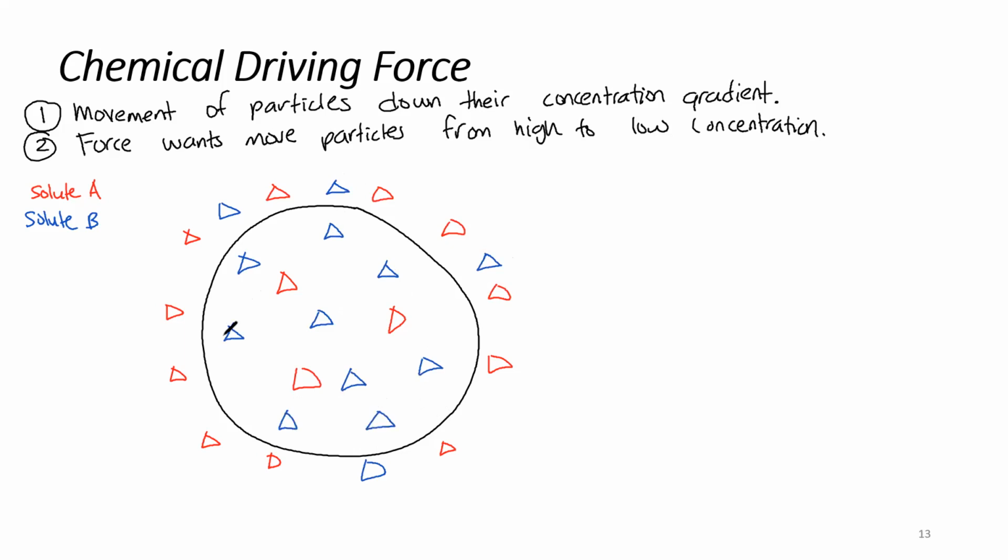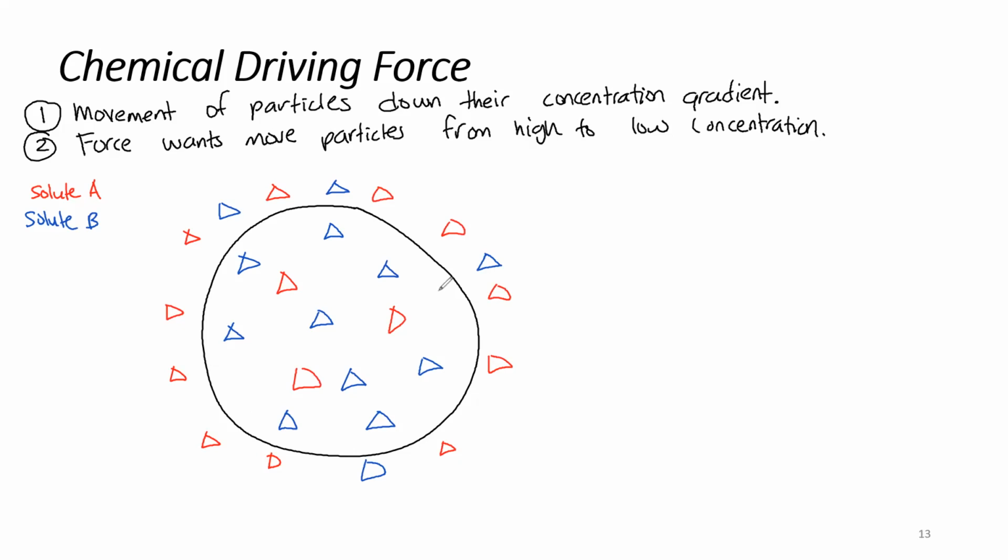Okay. And so when we think about the chemical driving force in this context, we want to think about what direction of movement each of these solutes would have. If we think about solute A, what direction will solute A want to move in? Given that the membrane is permeable, so let's understand first that the membrane is permeable to both our solutes, what direction is solute A going to want to move?